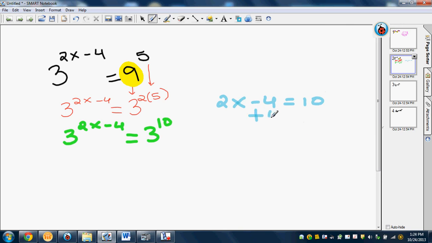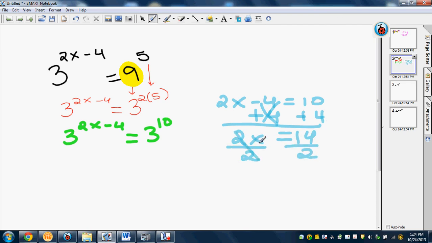So I'm solving for x, so I'm going to add 4 to both sides. This gives me 2x is equal to 14. 2 times x is 14, so if I divide both sides by 2, that'll get me the x by itself on the left. And on the right, I'm left with 14 divided by 2, which is 7. So therefore, x is equal to 7.